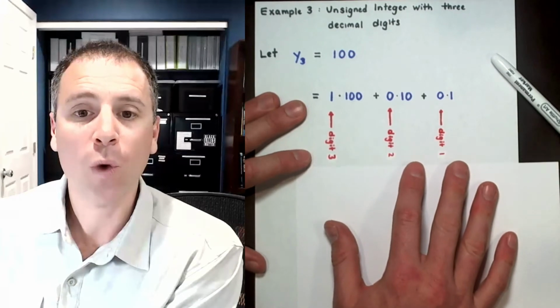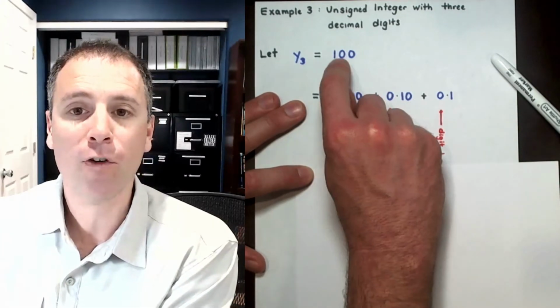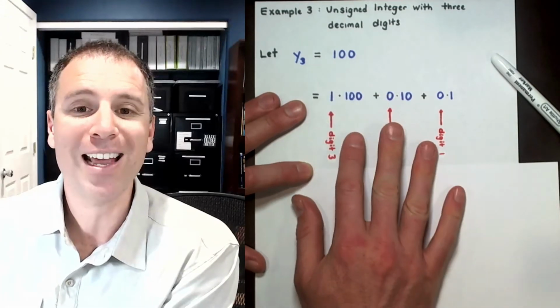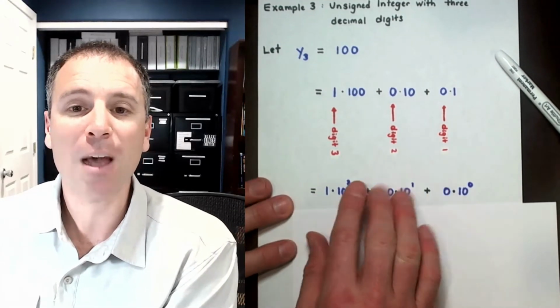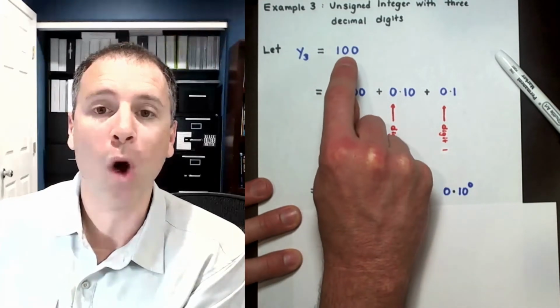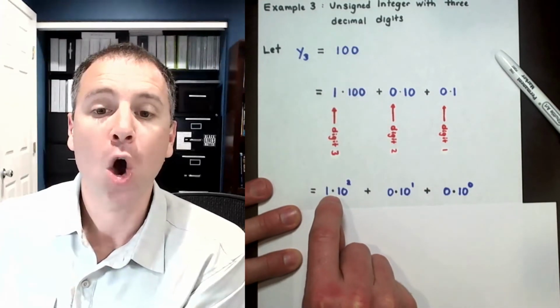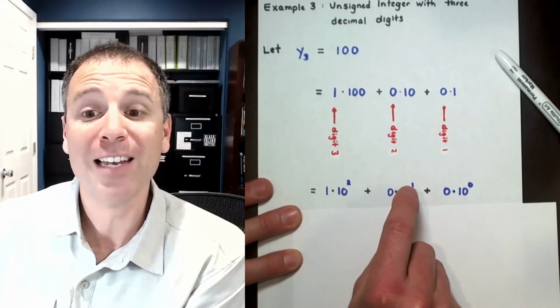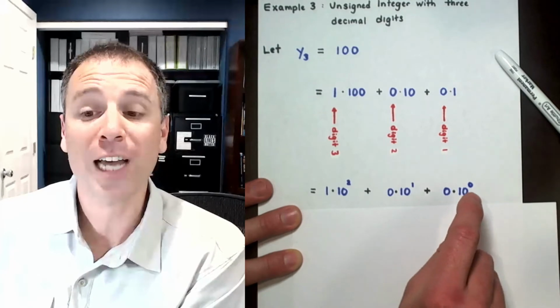But of course, when we're thinking about these digits, the first digit on the least significant portion, digit number 2 and digit number 3, those digits really represent multiples of the corresponding powers of 10. So when we write 1, 0, 0, what we mean is 1 times 10 squared plus 0 times 10 to the first plus 0 times 10 to the 0.